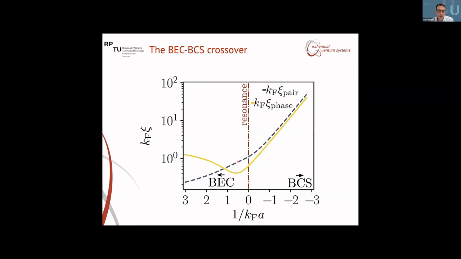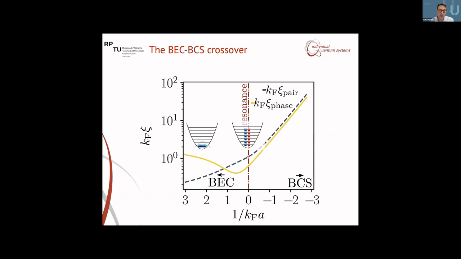In the crossover, it's the pair size, which is the larger length scale, that dominates the response of the many-body system. As a consequence, deep in the BEC, if you look in position space, you see a position condensed Bose-Einstein condensate that responds as a many-body wave function.